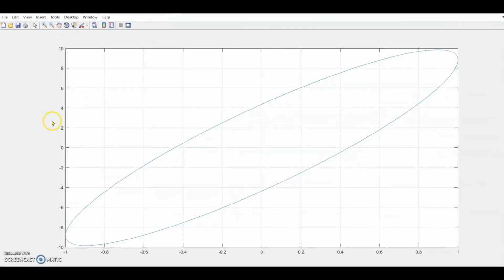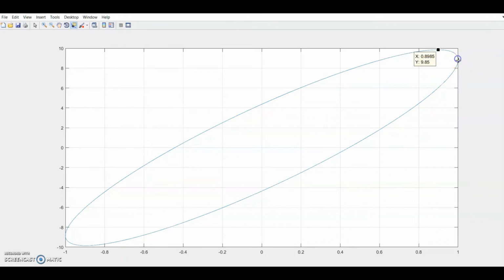Now this is the XY plot which is of interest to us, because we have to find some points on this plot. Right now we are taking omega as 0.15. If we change omega, this plot will also change, so the points on it will also change. This is the B point, that is the maximum value of y, which is coming out to be 9.85.